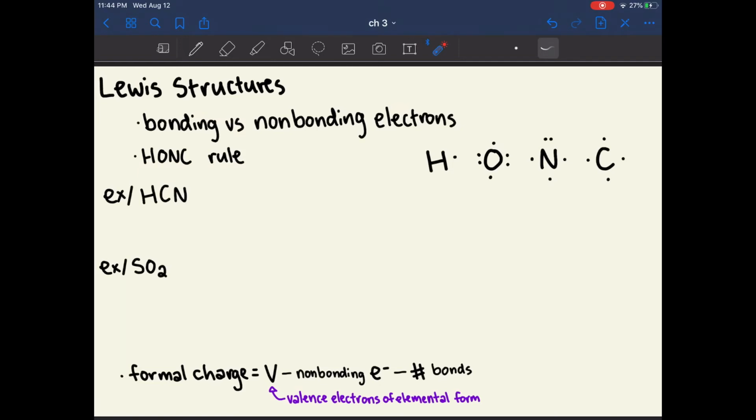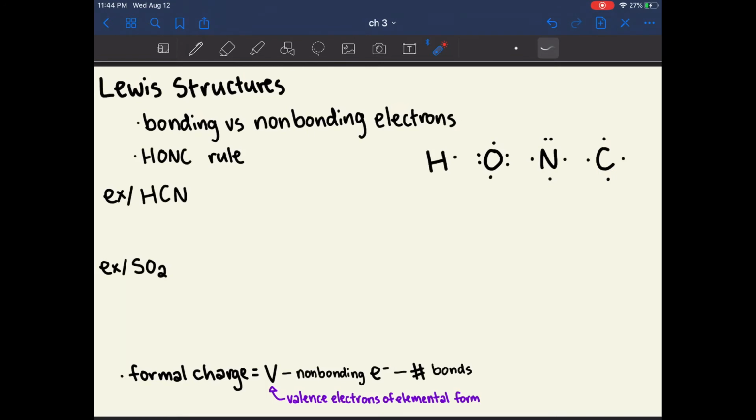In drawing Lewis structures, what this means is that hydrogen likes to form one bond because it has one electron to form the bond, and it has a need for one other electron. So when it forms one bond, it's perfectly happy. And oxygen likes to form 2 bonds because oxygen has 2 lone electrons, and if it got 2 more electrons, it would be happy. And nitrogen similarly has 3 extra spots for electrons, and carbon has 4.